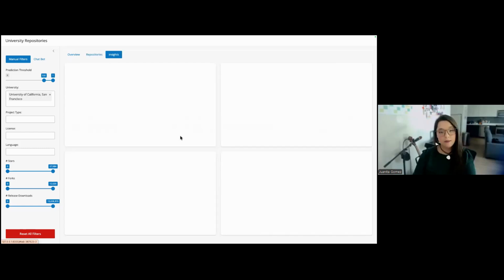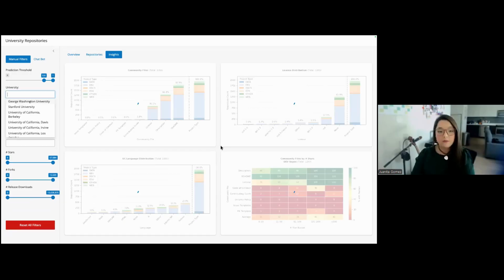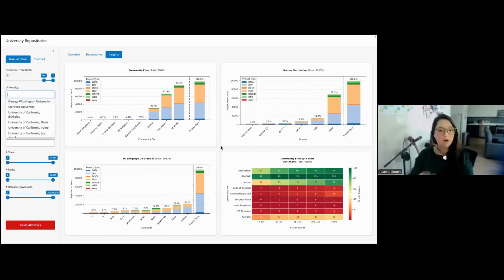This last step has some insights, but these are basically the same plots that I had in my presentation, except that they are interactive. You can see that they update when you apply filters. And I'm hoping to have other tabs that will measure the big picture in security and maybe some other sustainability metrics.